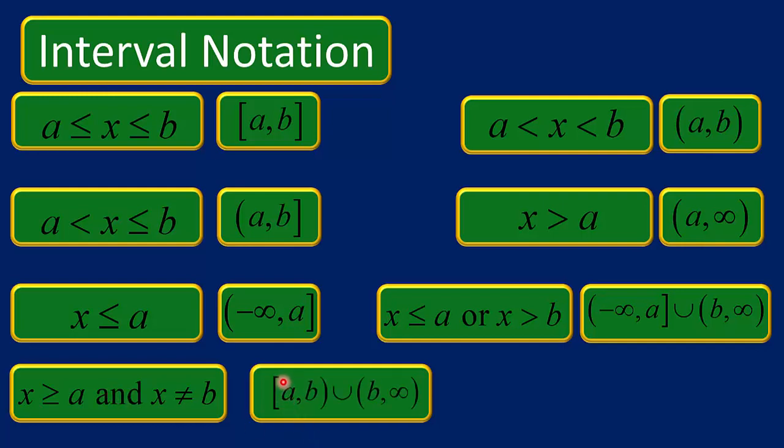We have the interval from A to B, little parentheses here, and then I'm going to step over B and pick up on the other side and go to infinity. So x goes from A to B and then picks up on the other side of B. And it doesn't include B, right? Stops just short, picks up on the other side, and then continues its journey to infinity. But this is interval notation.